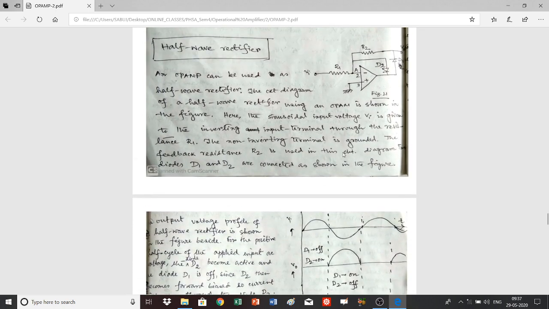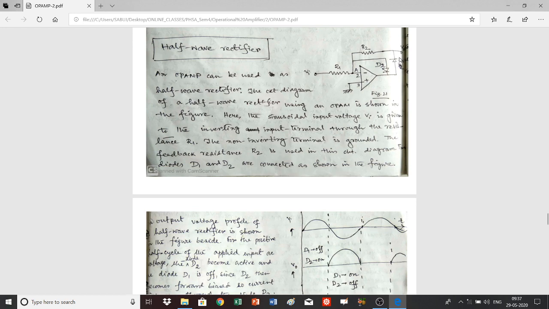But in the case of the negative half cycle, what will happen? In that case, you can easily understand that the diode D2 will be off and the diode D1 will be on, that is, it will be functioning. No current will pass through D2, and the output will be found through D1.